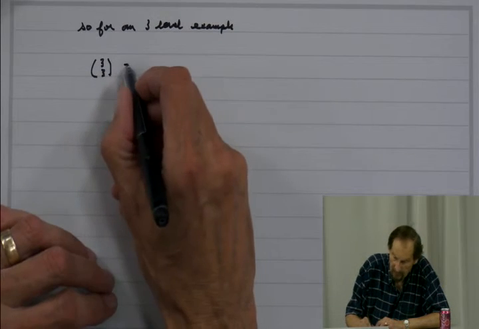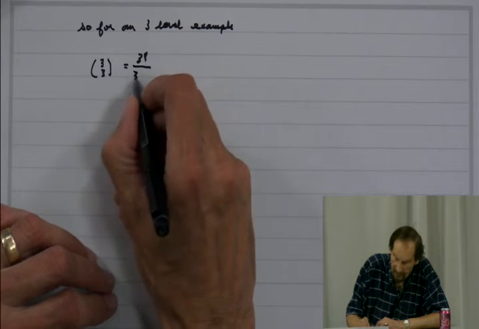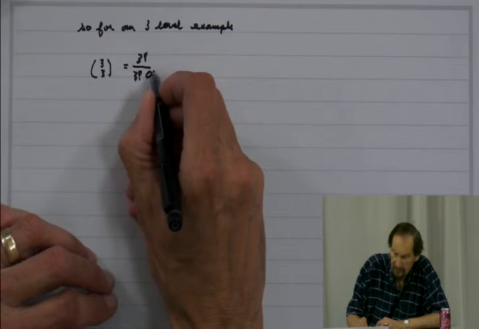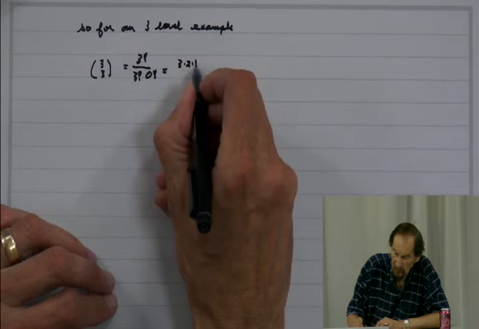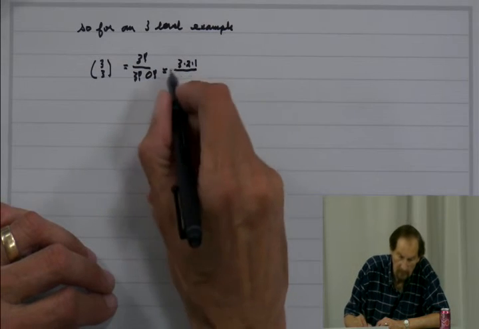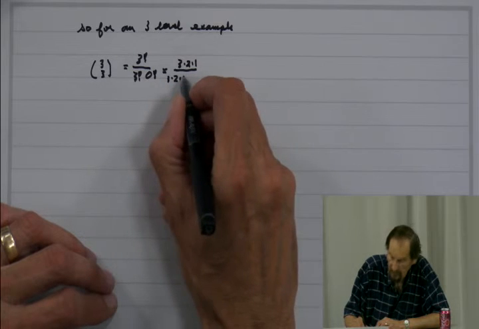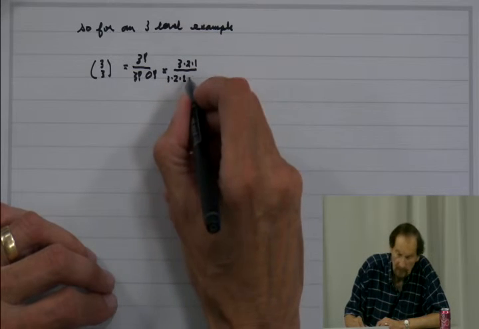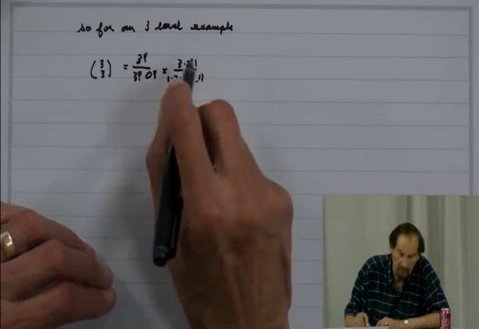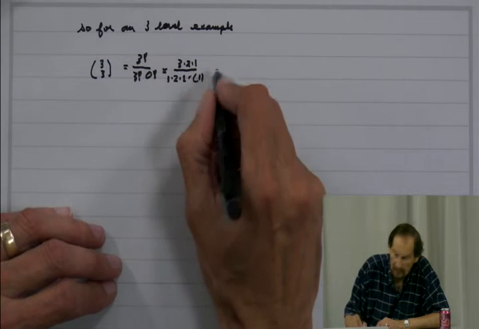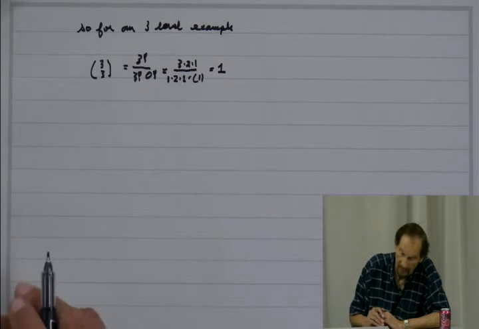This equals 3 factorial over 3 factorial times 0 factorial, equals 3 times 2 times 1 over 3 times 2 times 1 times 1, equals 1, because 0 factorial is 1.